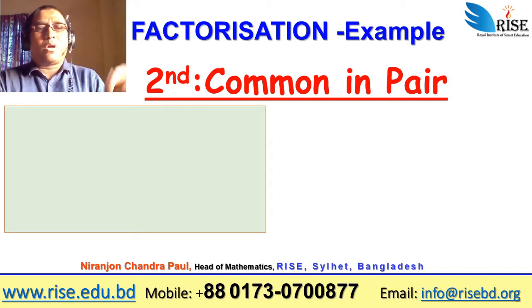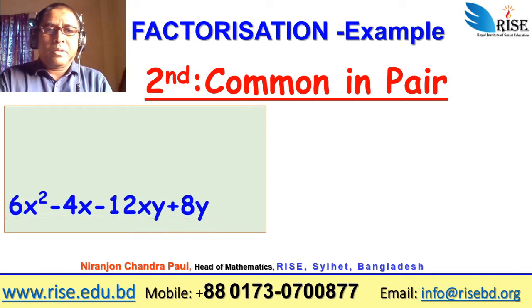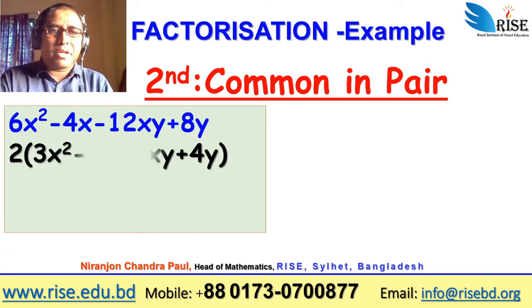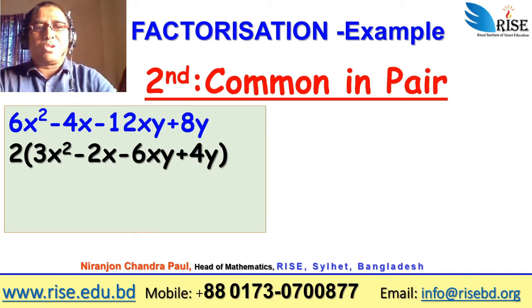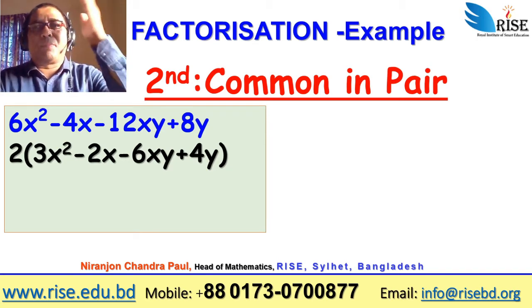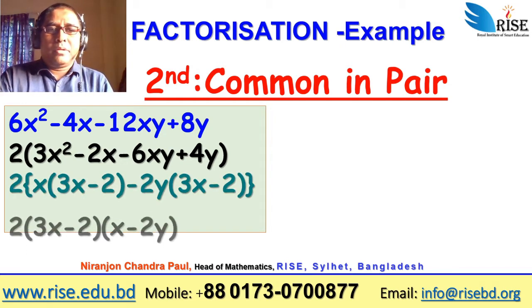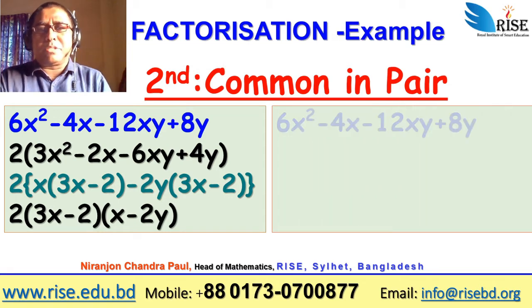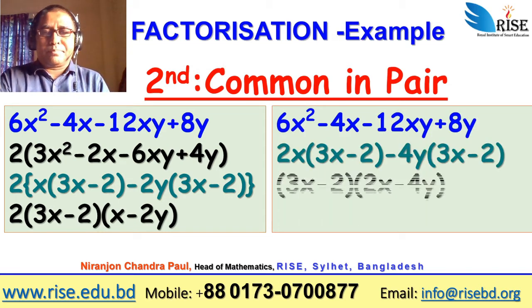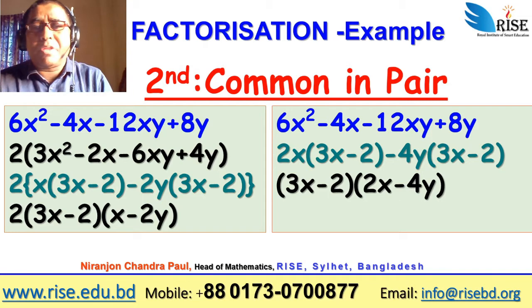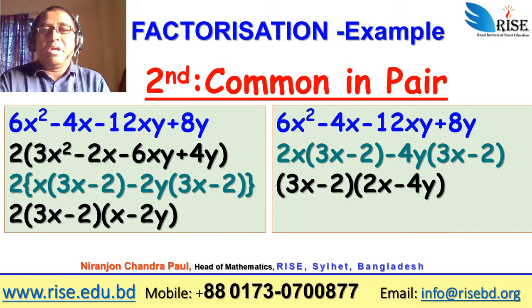Secondly, look at common in pair. Look at this example. First I have to think, is there any common in all, and then I have to think common in pair. Some students might do this one differently, like this, but if the question says factorize completely, look at that.